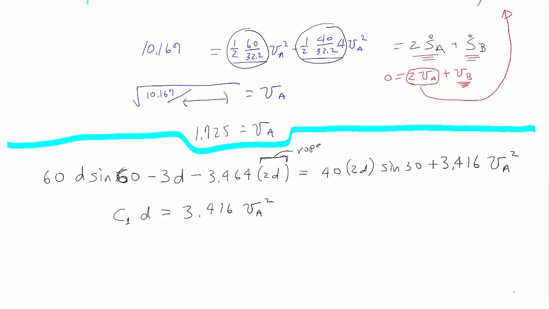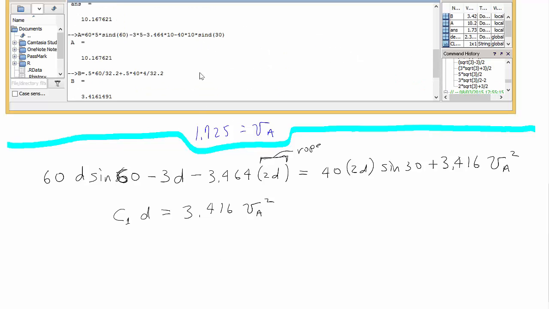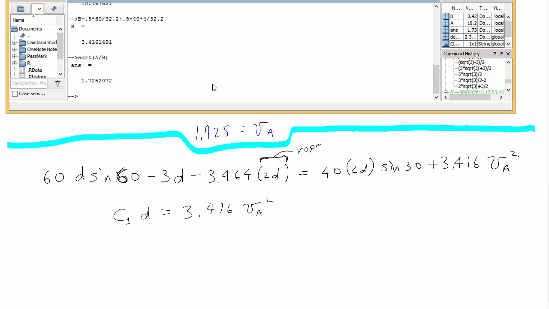What's the constant? Well, let's try to find what C1 is. I might be able to get that by going back here to A, or I might be able to just produce it.